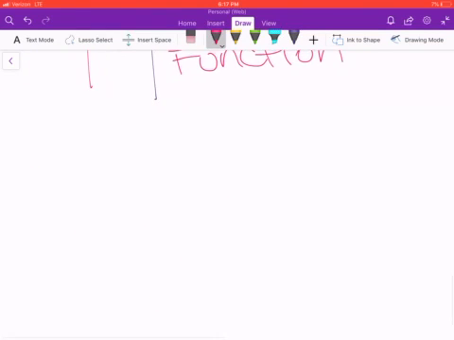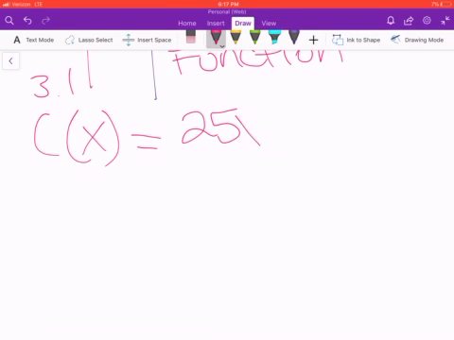I'm also asking about interpreting a cost function. This is like the linear one, so this is probably section 3.1. Let's say that you have a function 25x plus 65,000, and let's say that represents the cost of making a textbook. If I ask you, what is the fixed cost?